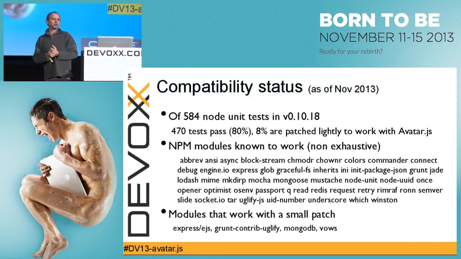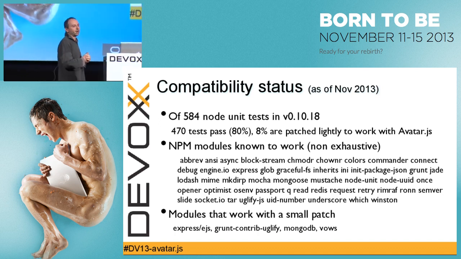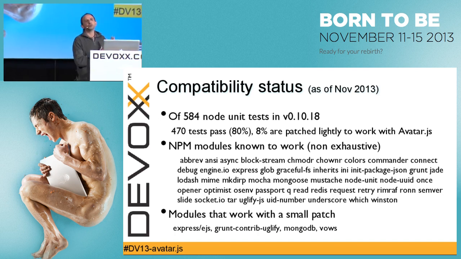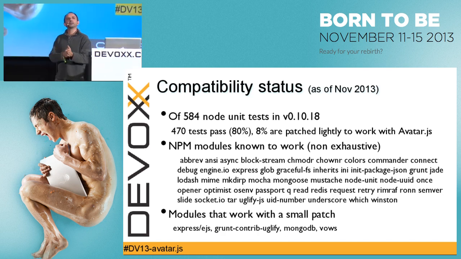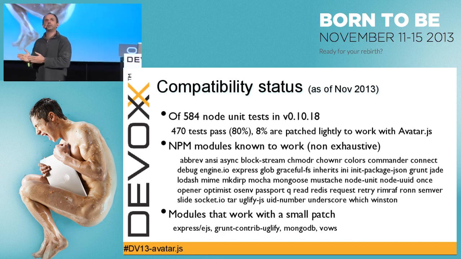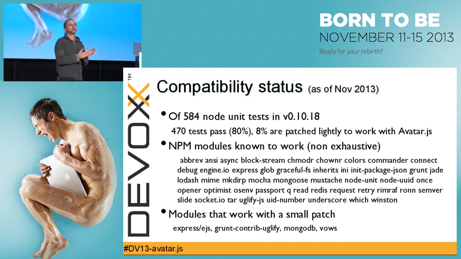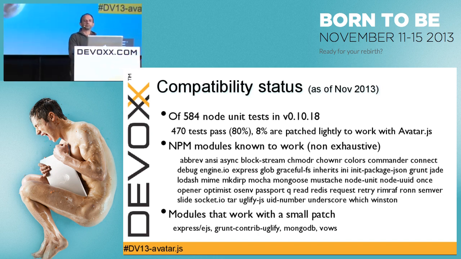So around 10% of these unit tests are lightly patched to work on Avatar.js, mainly to change some timeout values. These tests made some implicit hypothesis of the time it should take for something to be executed, and on Avatar.js the timing is not the same.